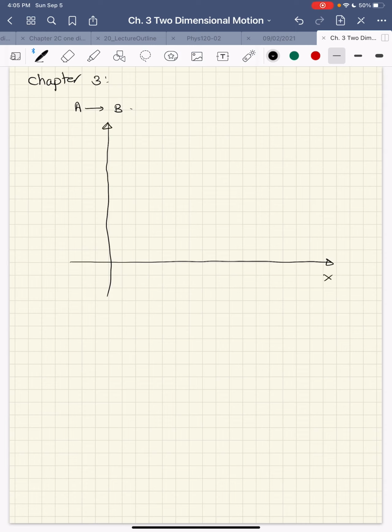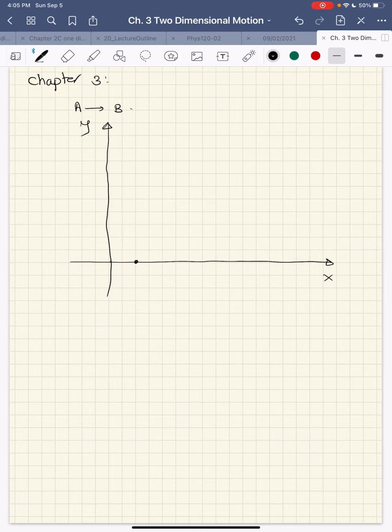Now let's assume, this is of course chapter 3, I plan to go maybe from A to B. Okay, and my A is here, which is my starting point.